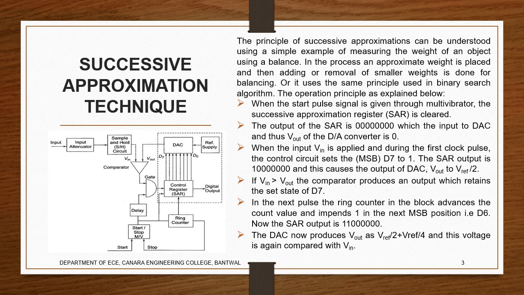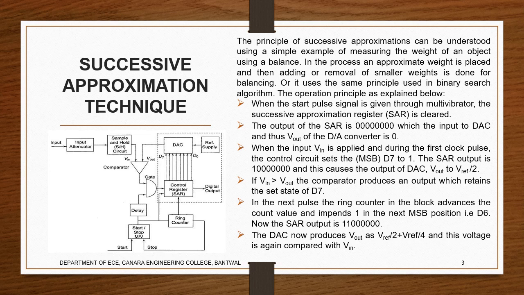At the first clock pulse, the control circuit will set the MSB bit, that is D7, to 1. So the bits will be 10000000. Now what is Vout? Because of the D7 MSB bit, Vout is equal to Vreference divided by 2.